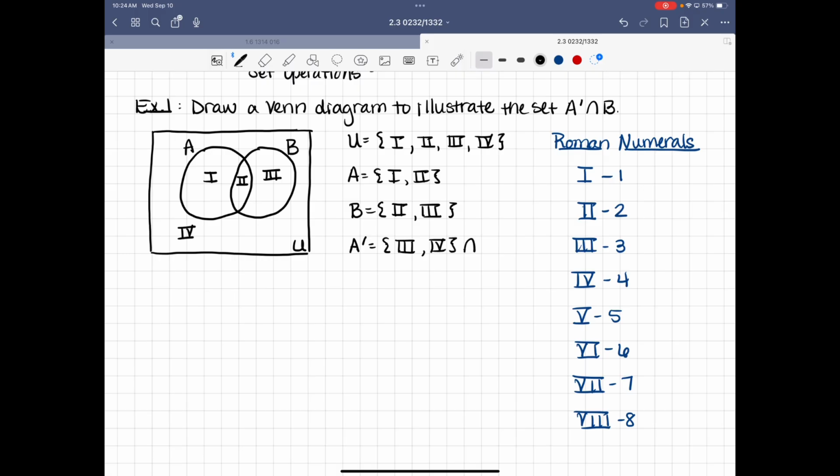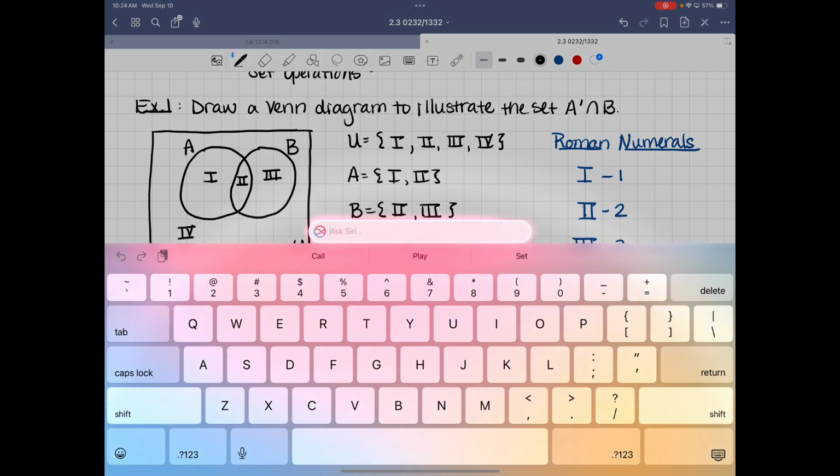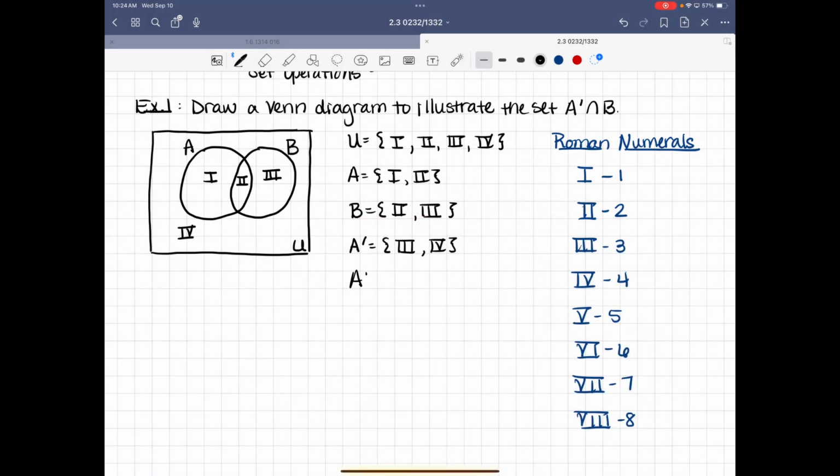We're going to do an intersection with B. Okay? Well, you know who's in B, right? We already wrote that. B has 2 and 3, so can you tell me who's in the intersection of A complement and B?